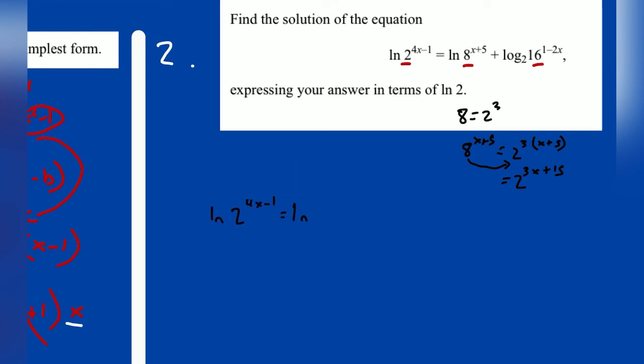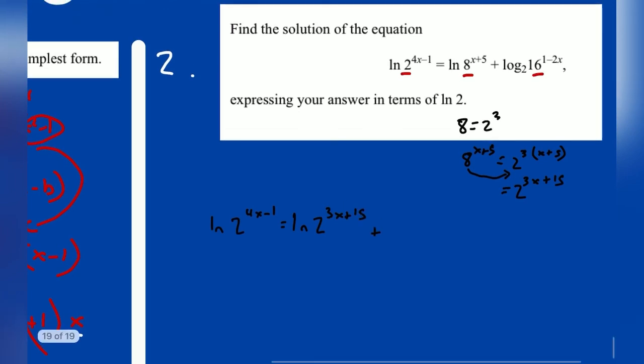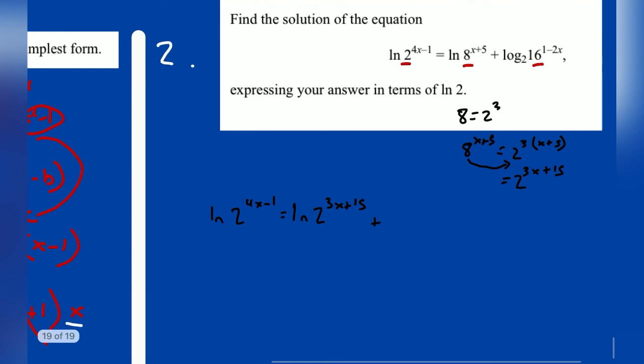So here we get ln 2 to the power of 3x plus 15 plus, and here it's not a natural log, it's a normal log. I'm still going to try to get the base and the argument to be 2, because when the base and the argument are the same, we can cancel them and get only the argument as the final value, which simplifies it immensely.